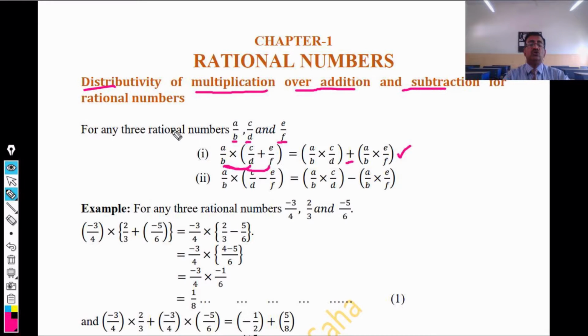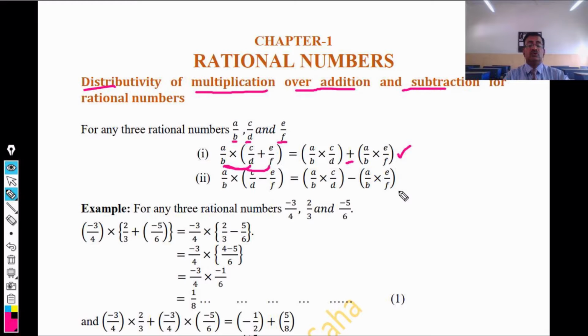Now, distributive property of multiplication over subtraction. Here you have to put a minus sign in between, that is a by b into (c by d minus e by f) equal to a by b into c by d minus a by b into e by f. This is the case.